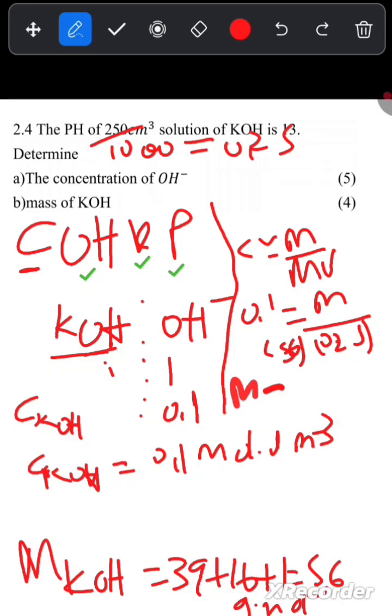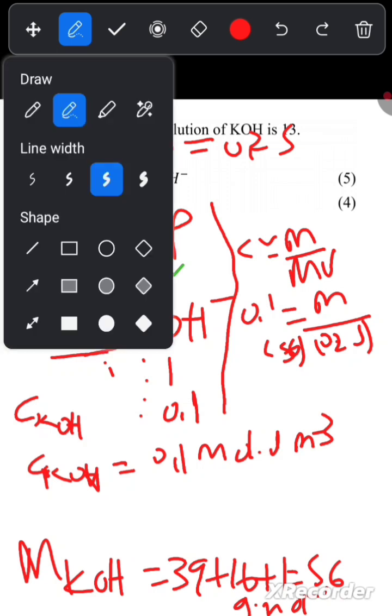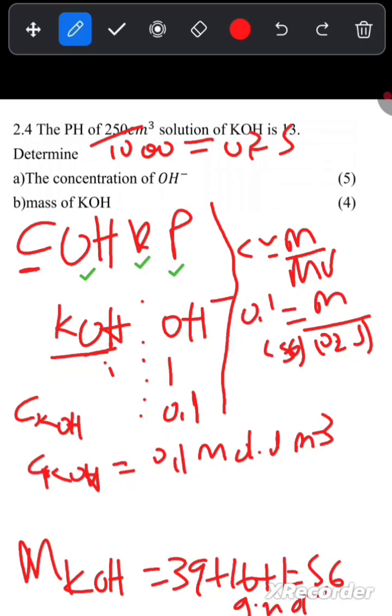The mass of KOH is 1.4 grams. And then we are done. We can look at the next slide.